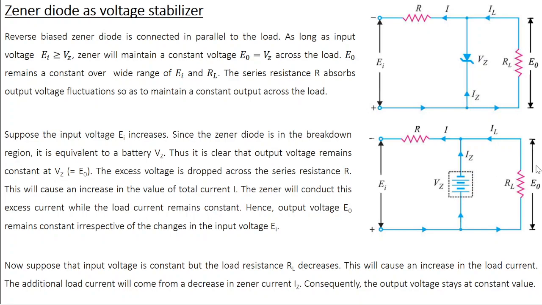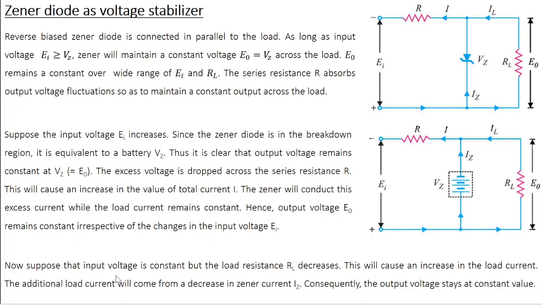So even though the total current in the circuit increases when the input voltage increases, the Zener current is going to increase accordingly so that the load current remains constant, thereby the output voltage across the load is going to remain constant.